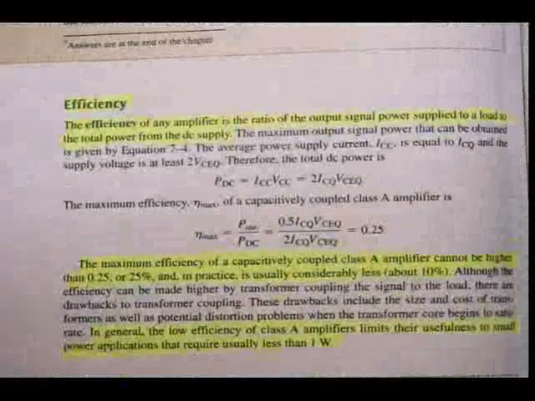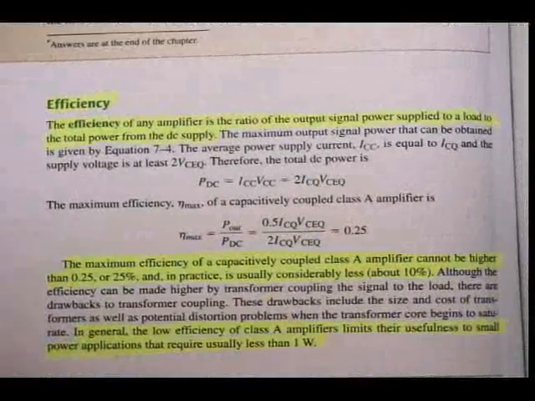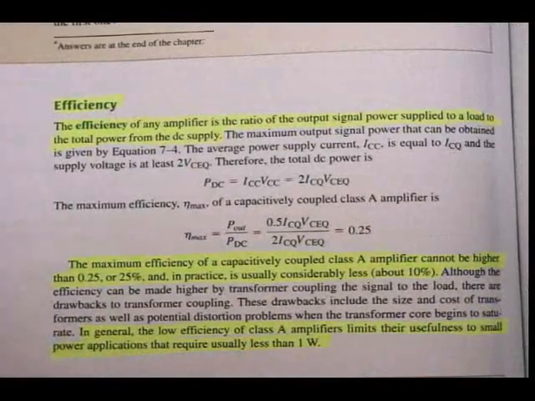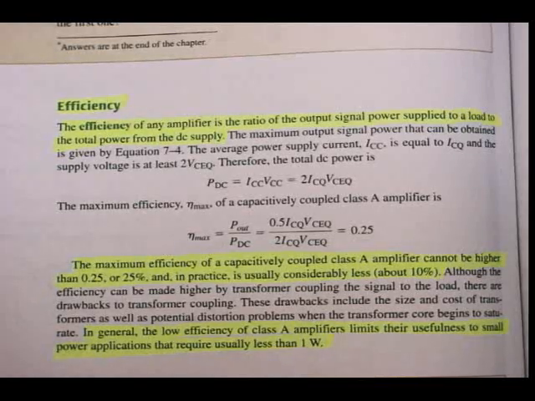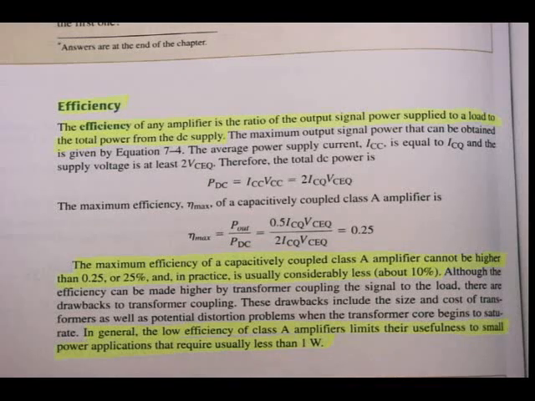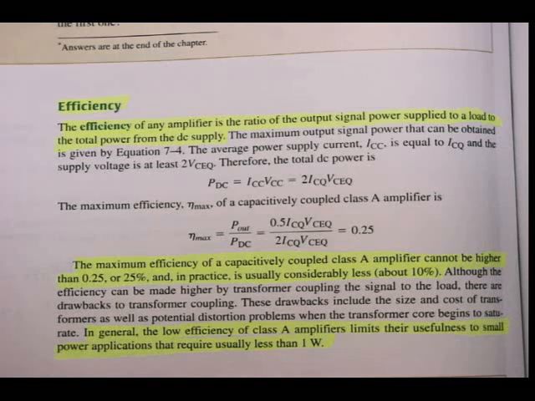So just for interest's sake, the other thing I still want you to mark is on page 328, the efficiency. The efficiency of an amplifier is the ratio of the output signal power supplied to a load to the total power from the DC supply. And just below those formulas, the maximum efficiency of a capacitively coupled Class A amplifier cannot be higher than 0.25 or 25%.